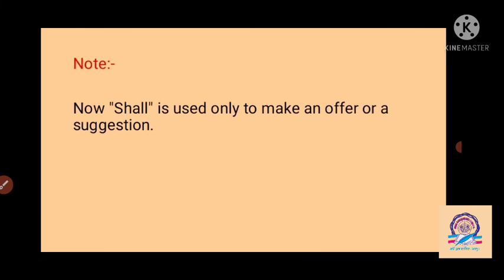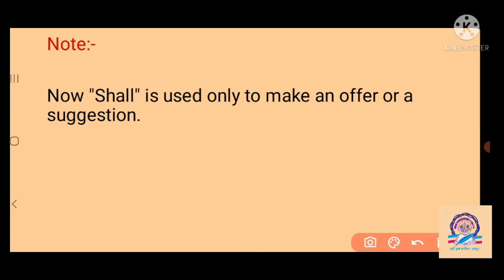Then one note is given here: shall is used only to make an offer or suggestion here. For the interrogative sentence, in recent new English, with the subjects I and we, we can use will here.